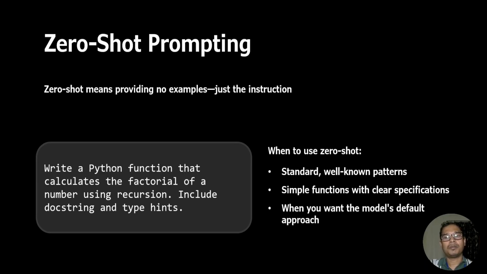It's a simple function, you have written clear specifications, and there is no complex requirement. At that time you can write this zero shot prompt. I think we mostly use that, when we're not writing an engineering-focused prompt and only write a simple line to get some code. That is zero shot prompting.